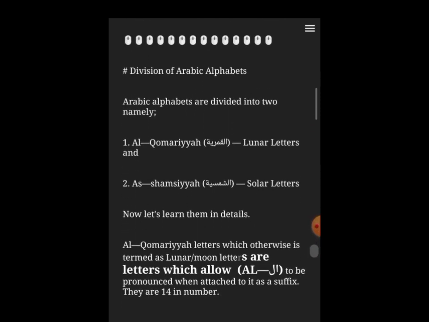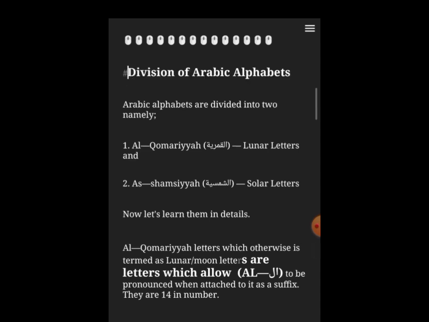Okay, now let's move on to the division of Arabic alphabets. Let's look at that. There are 28 letters in the Arabic alphabet, and these letters are divided into two parts: Al-Qamariyya and Ash-Shamsiyya.